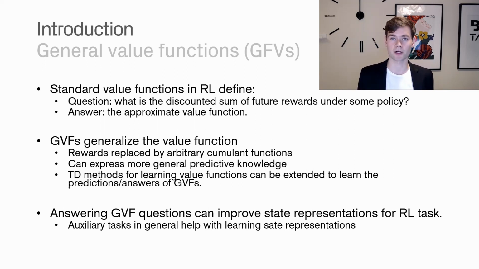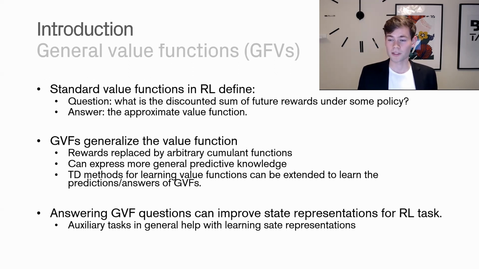Normally, if you have an environment where the rewards are very sparse, you could have problems with the agent not actually attaining any rewards, and therefore the state representation not really getting better. That's a problem you want to address, and you can do that with the help of these auxiliary tasks. If you define those, they will help you in shaping your state representation, and that will give you a more efficient way of learning the task itself.